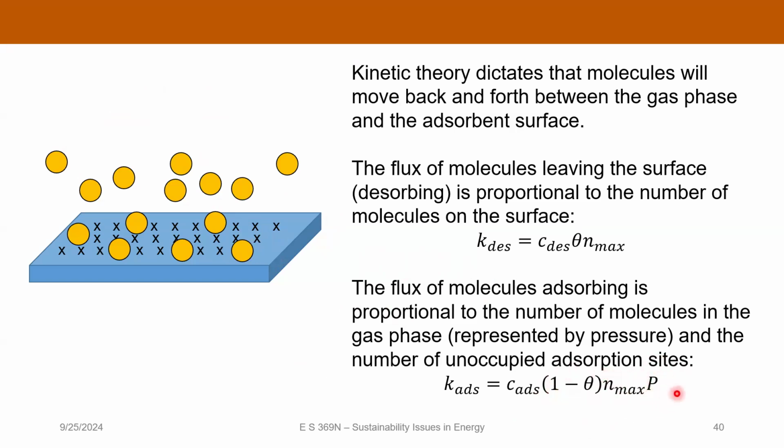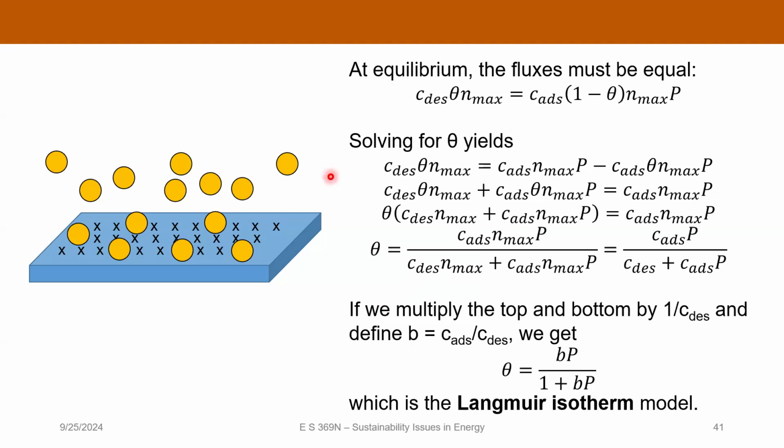And then the pressure is a stand-in for the number of molecules. And then we have another constant of proportionality just thrown in there, so we can have an equal sign. Okay, so those are our two fluxes. We have some molecules that are always going to the surface. Some of the molecules on the surface are always desorbing. And so if we're at equilibrium, those two fluxes have to be equal. So we set them equal to each other. And then we can solve for theta. And what this gives us is the fraction of the total surface sites that are occupied as a function of pressure.